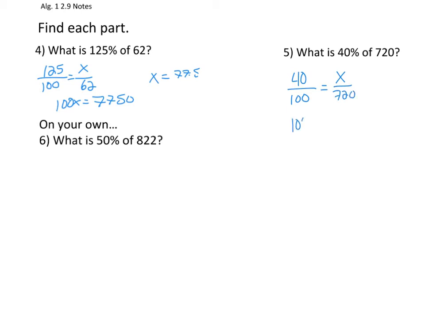Okay, cross product property, I'll end up with 100x again, and then I'm going to have to do 40 times 720, and that's going to be 28,800. Again, I can just move the decimal over to the left 2 places, and that's how much it is if I divide by 100, so x is going to be equal to 288.